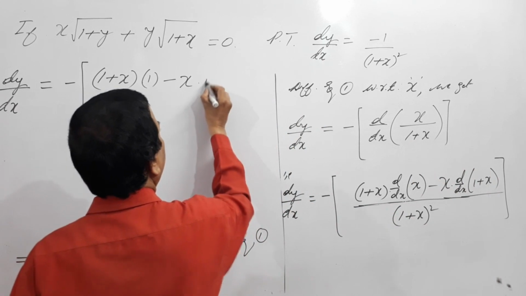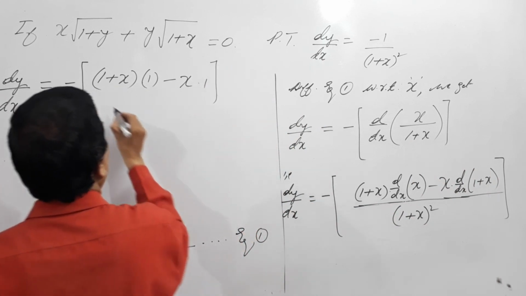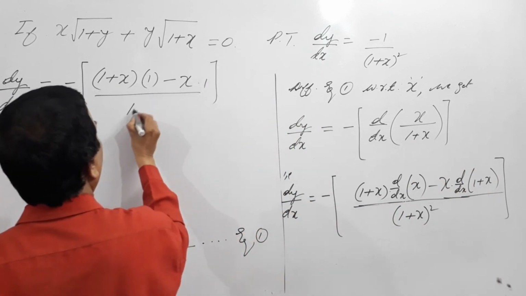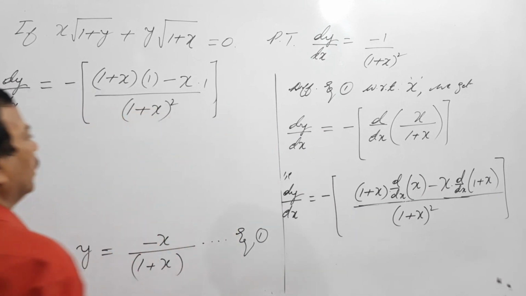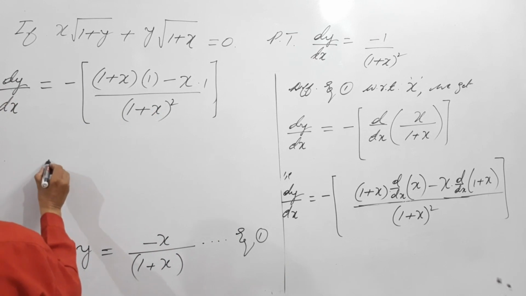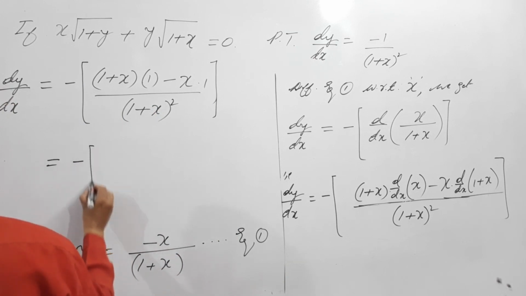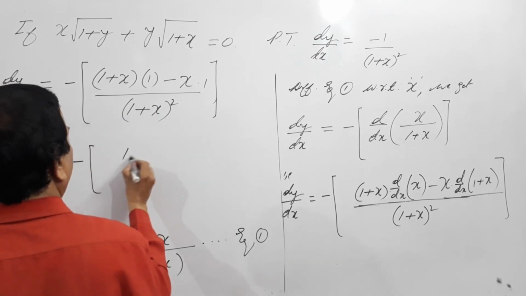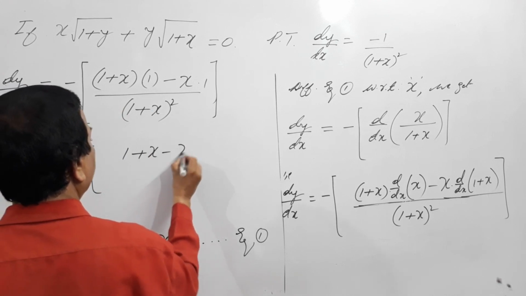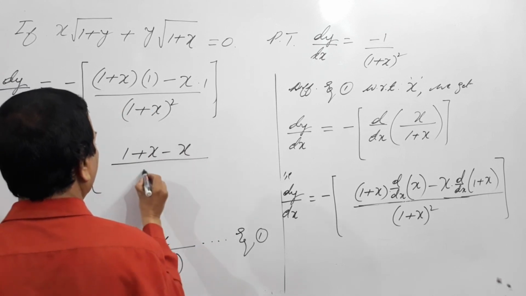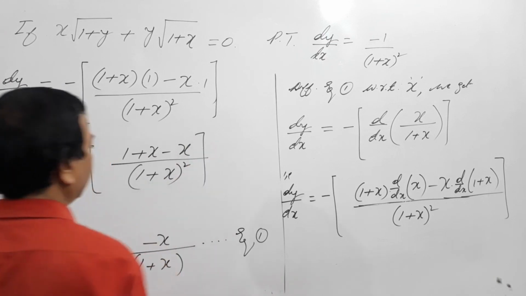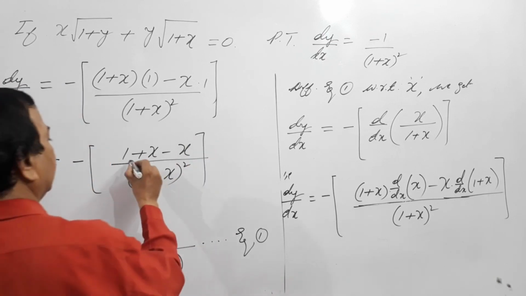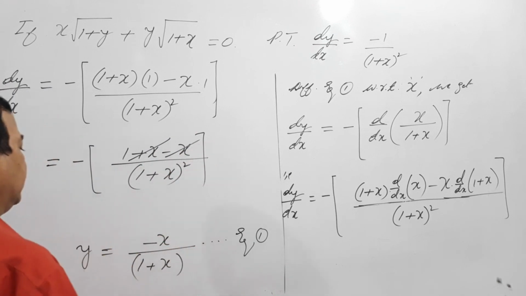So we get again 1, divided by (1 plus x) the whole square. Done. So this becomes minus outside. We will remove the bracket, 1 plus x minus x by (1 plus x) the whole square. So what happens here? Plus x minus x cancels.